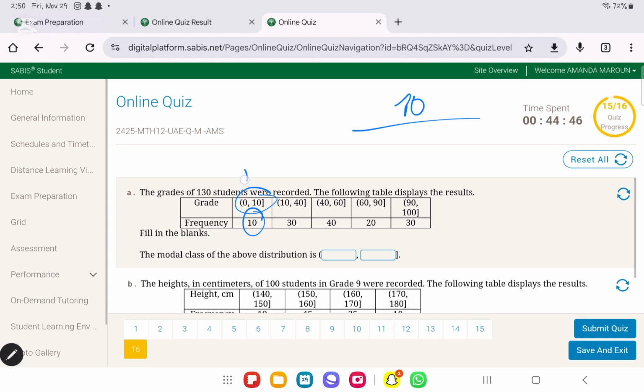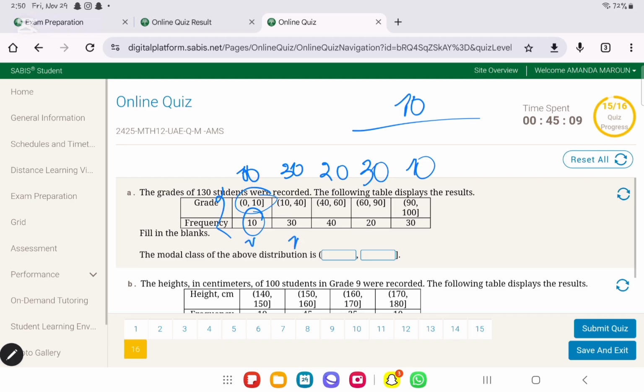So to find the width here, it is 10 minus 0, which is 10. Here it's 40 minus 10, which is 30. 60 minus 40, 20. 90 minus 60, 30. 100 minus 90, 10. So that means the first one is 10 divided by 10. So the frequency density for the first one is 1.